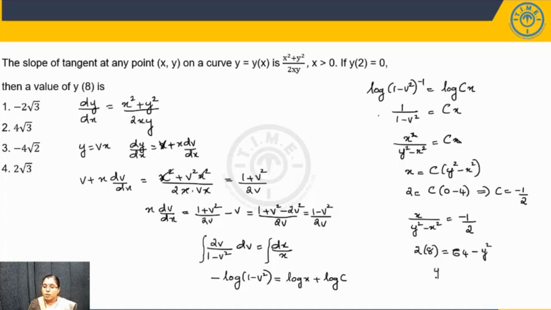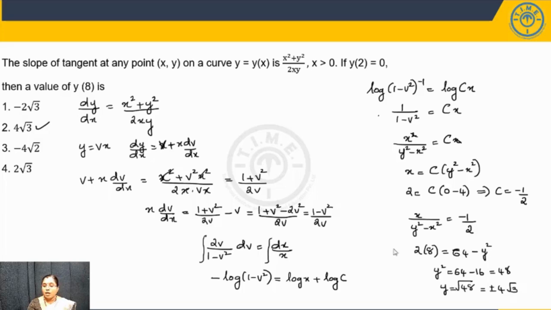So we have y square is equal to 64 minus 16, which is equal to 48. So y will be root 48, which is equal to plus or minus 4 root 3. Now we don't have the option minus 4 root 3. So the answer is option 2, 4 root 3.